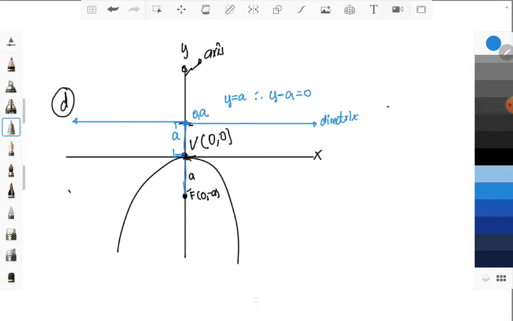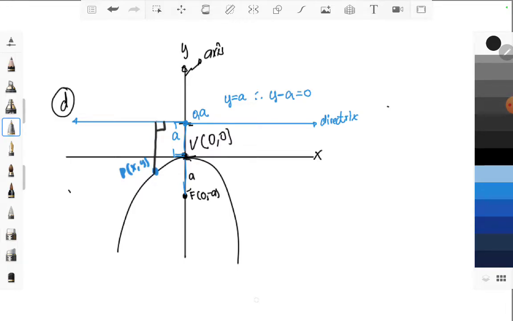Like our previous example, we will have other lines within our parabola. Let's call this my point (x, y). I'll put it here so that it will not become our latus rectum. There would be a line from point (x, y) that is perpendicular to our directrix.